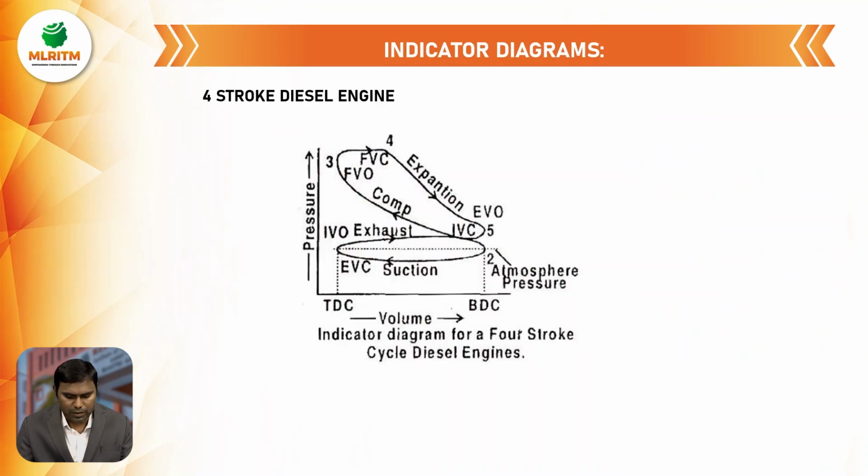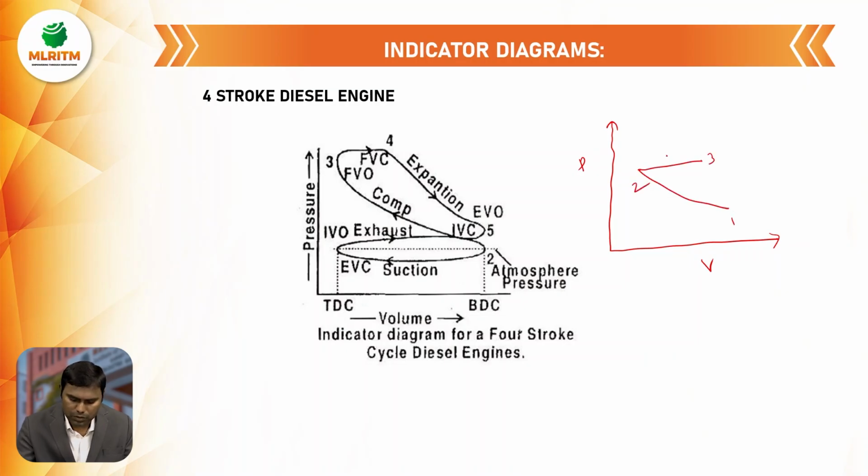Next, coming to the diesel engine. The only difference is in the diesel engine PV diagram. 1 to 2 is the same isentropic compression, 2 to 3 is constant pressure heat addition, and 3 to 4 is isentropic expansion. So this is 1 to 2, 2 to 3, 3 to 4, and 4 to 1.